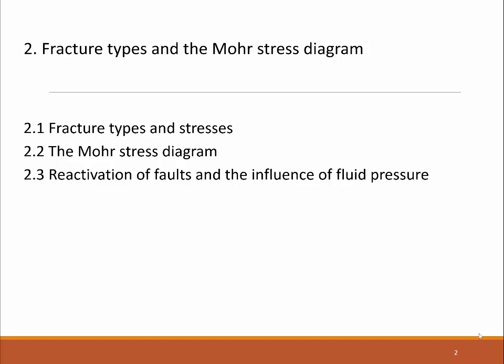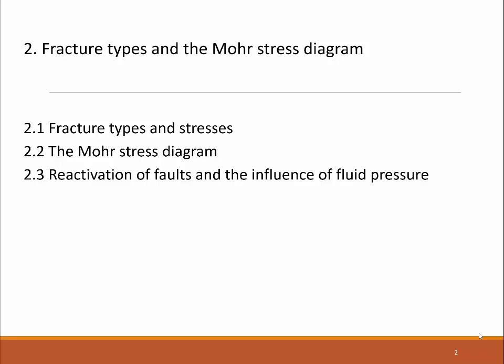This chapter deals essentially with the Mohr stress diagram and its applications. It is split up into three separate parts and also three separate video clips. The first part deals with fracture types and different types of stress and stress nomenclature.